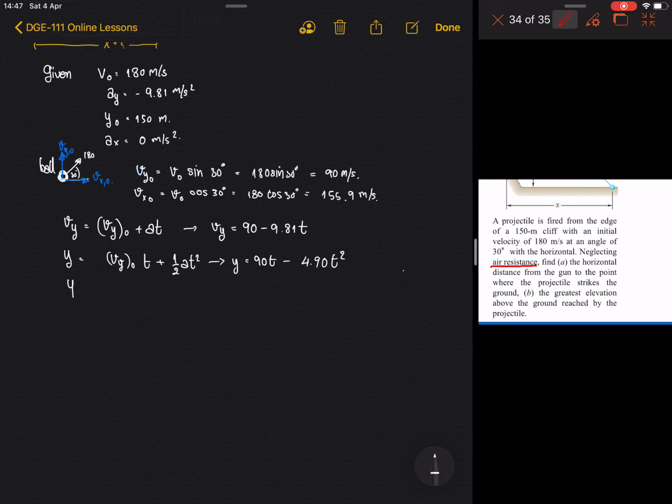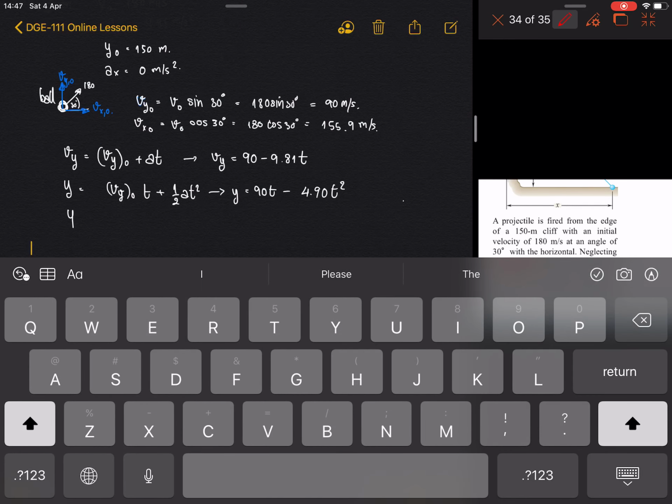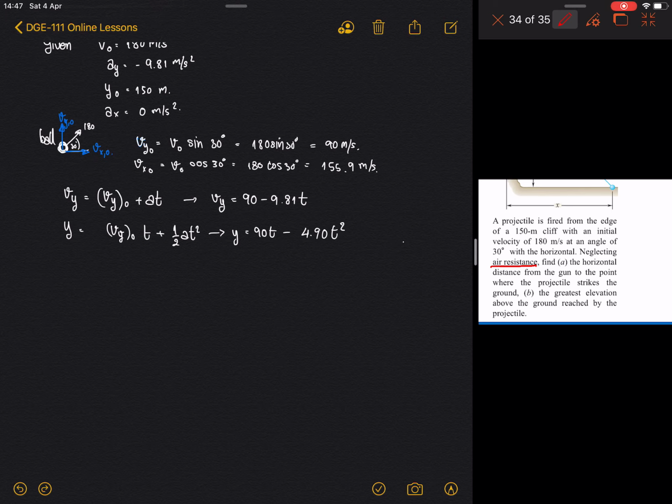And then we have also the last one, vy squared equal to vy0 squared plus 2ay y. So we will get vy squared equal to 8100 minus 19.62y. Okay, so I'm just starting to derive all that we have for the vertical motions.